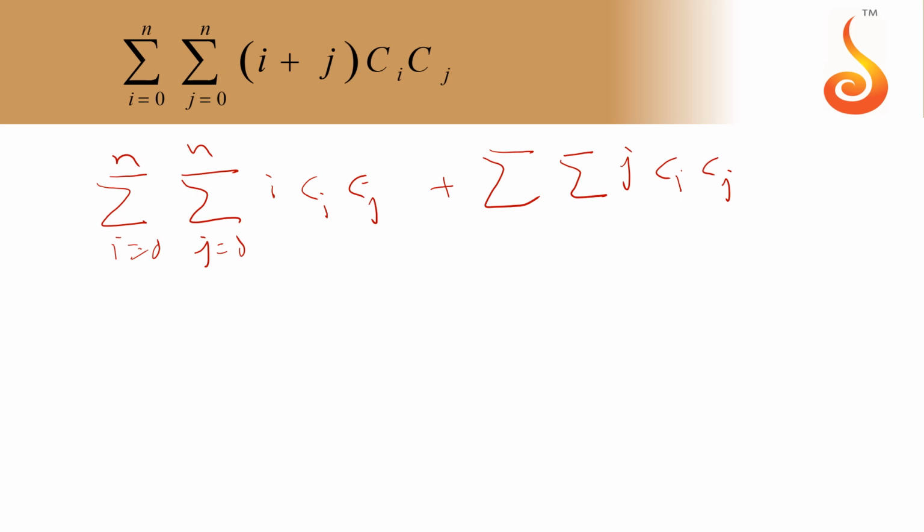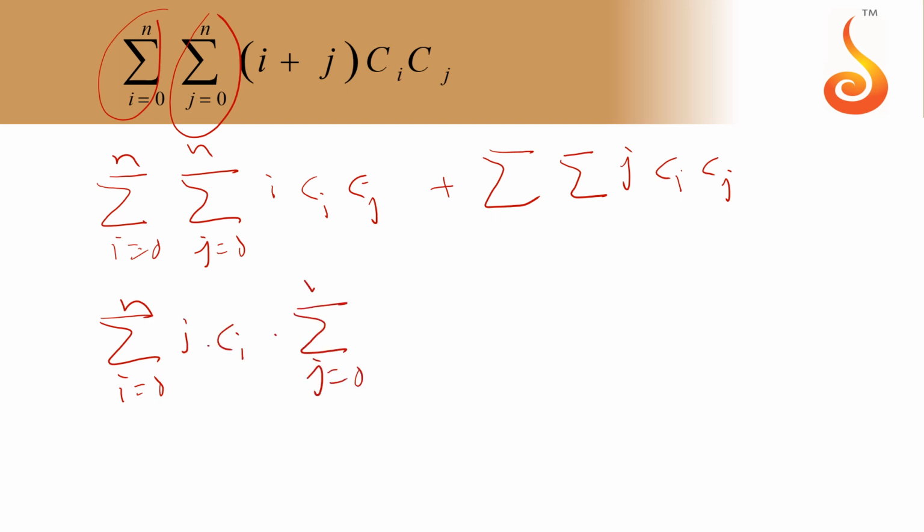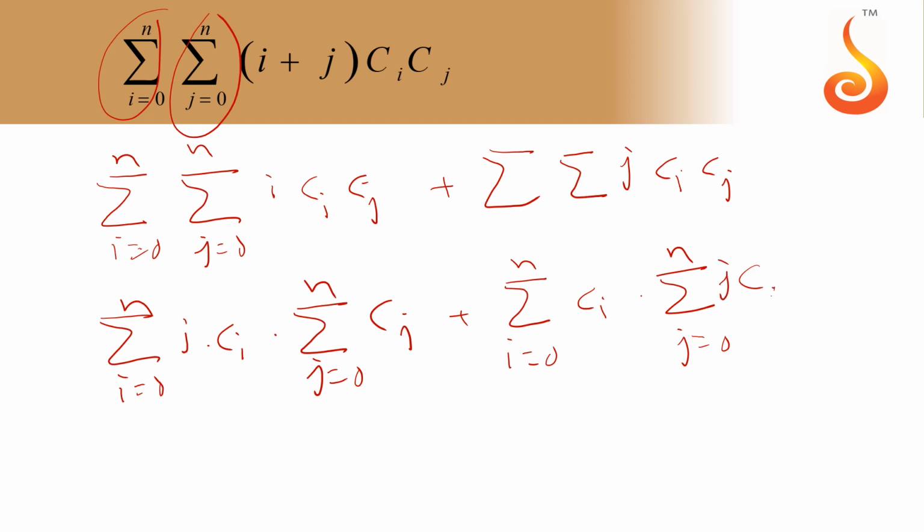Now I told you, whenever you have this type of sigma structures, please remember that i and j are independent. So I can move, means sigma i equal to 0 to n i ci into 1 into sigma j equal to 0 to n cj. Similarly, sigma i equal to 0 to n ci into sigma j equal to 0 to n j into cj.